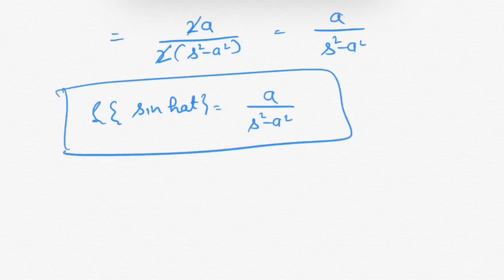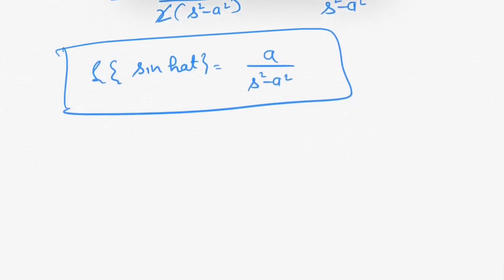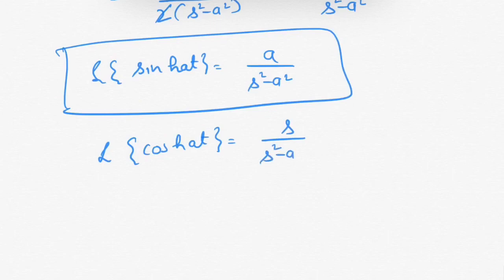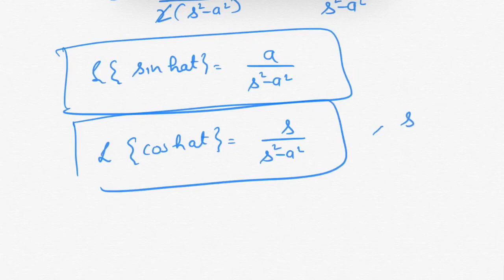Okay, similarly you can also find the Laplace transform of cos hyperbolic at, and this comes out to be s over s square minus a square, for when s is greater than modulus of a.